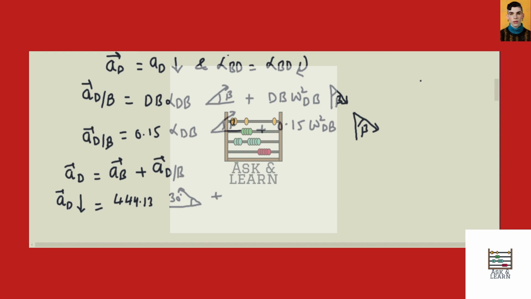Acceleration of D with respect to B 0.15 alpha BD plus 0.15 times 16.4065 squared.